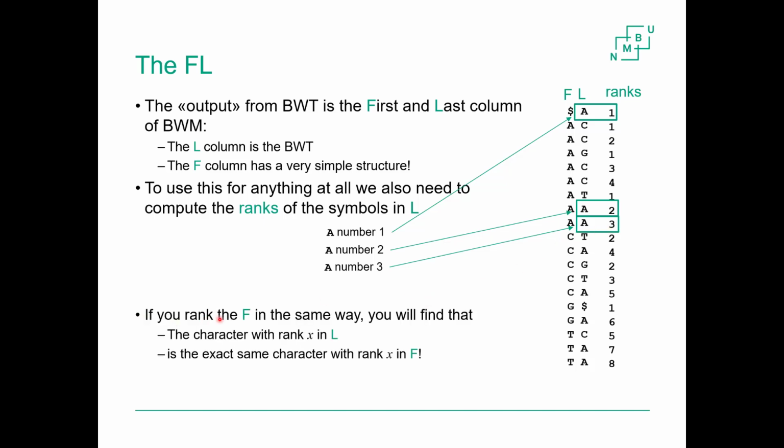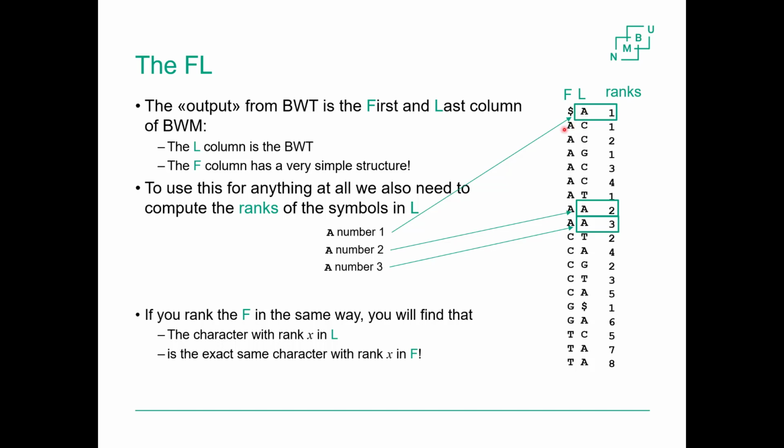If you now look at the rank in the F column in the same way, you will find, mysteriously almost, but not so mysteriously at all if you start thinking about it, that the character with rank X in L is exactly the same character with rank X in F. So this particular A that has rank 1 here is exactly the same A that has rank 1 here.